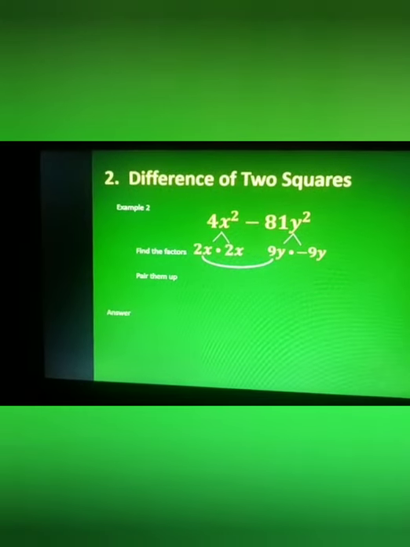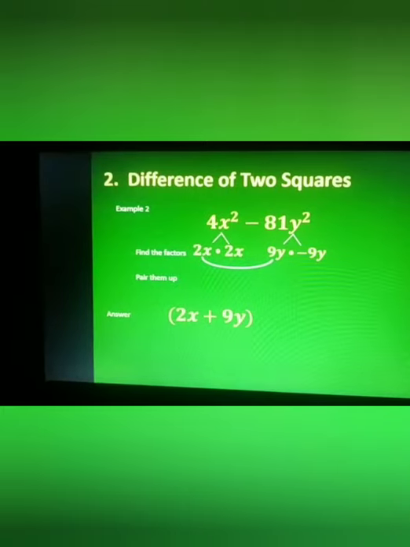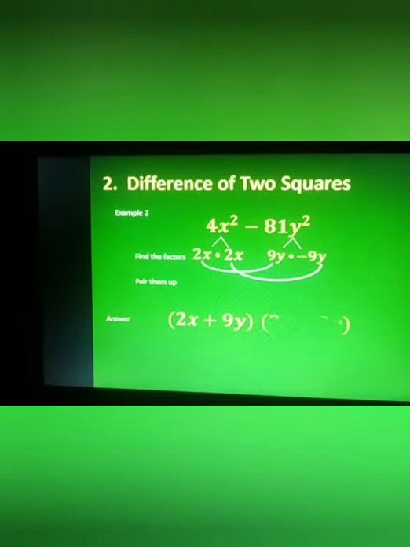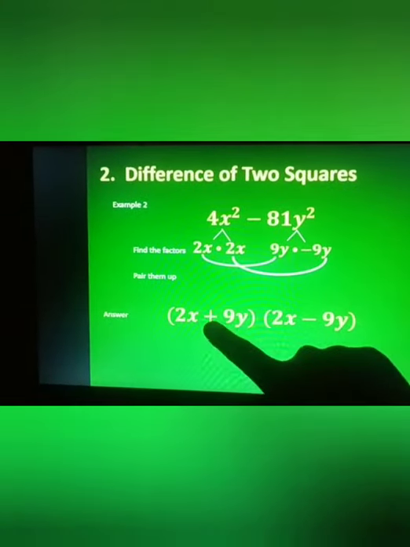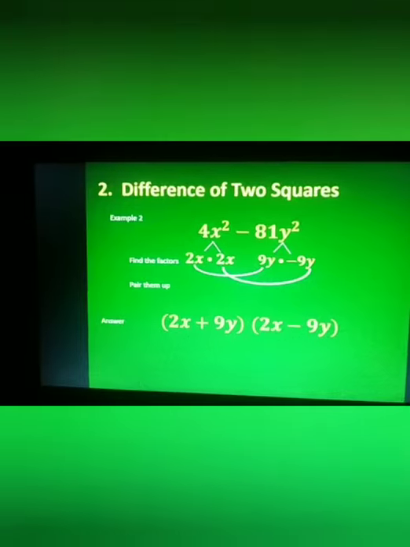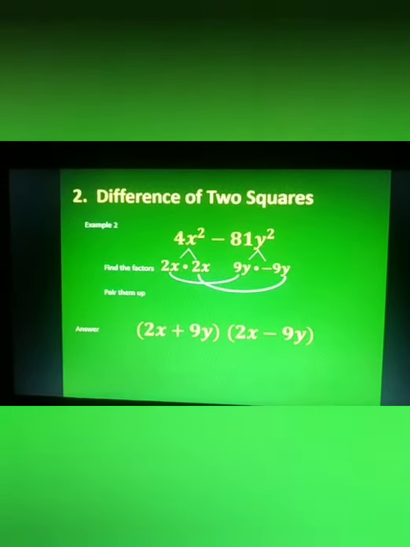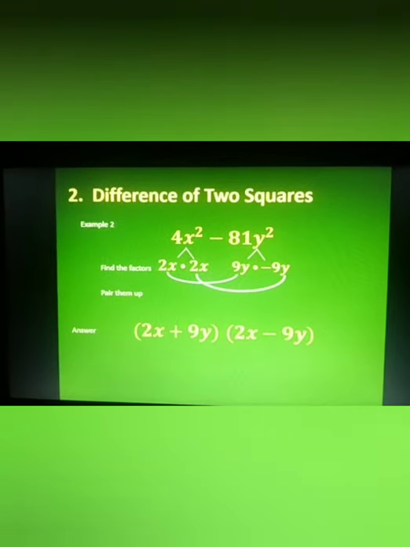Prepare ka sa imo nga parenthesis. We have 2x plus 9y. Kag, next na factor, parison man sila. Another parenthesis, we have 2x minus 9y. They are conjugates. Ang isa plus, ang isa minus. That's it. Kapos na sa difference of two squares, basta kabalo ka lang sang mga factors. What are perfect squares? Diba?